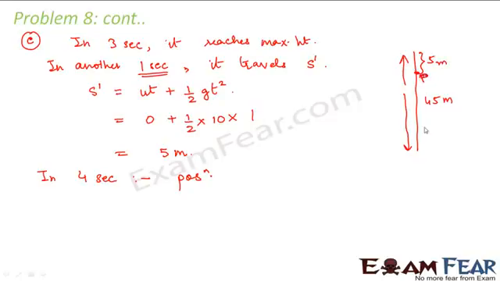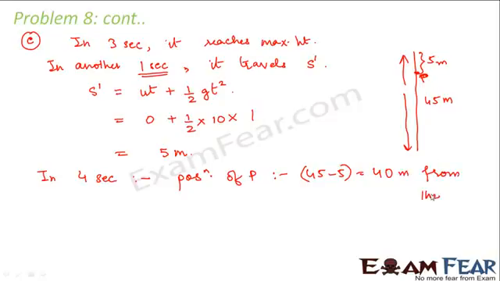So we have to find out the position of this point P. So position of point P will be 45 minus 5. That is equal to 40 meters from the ground. So this would be the position of the stone after 4 seconds, right?